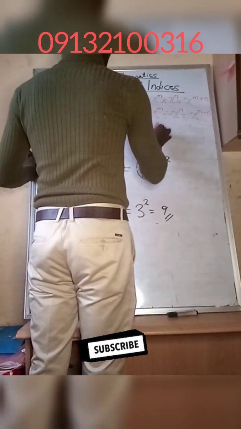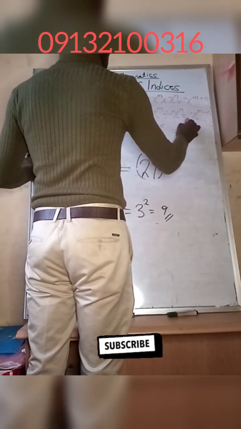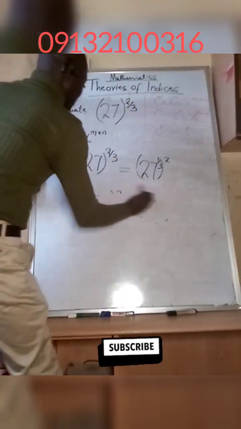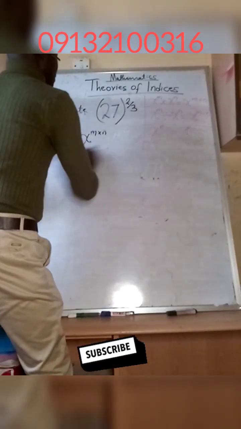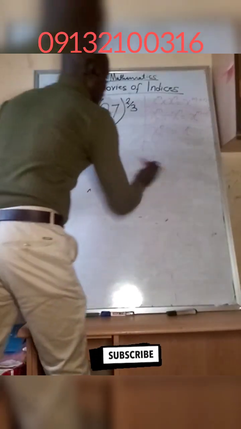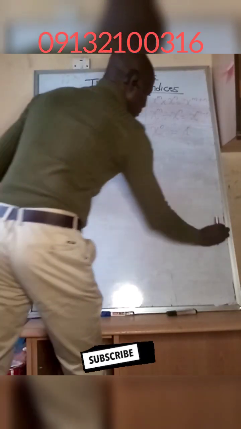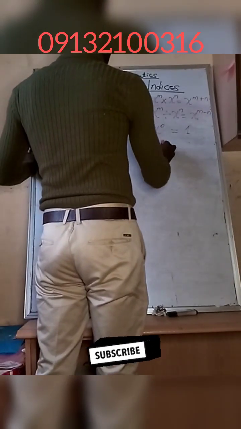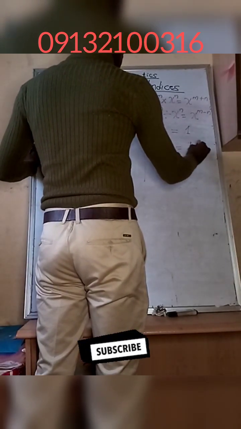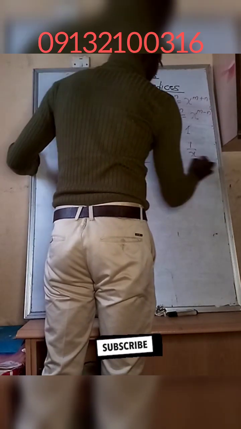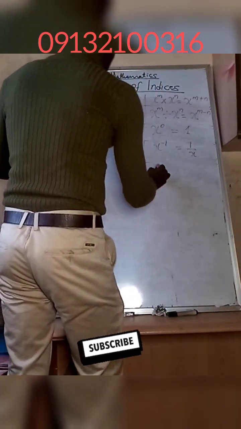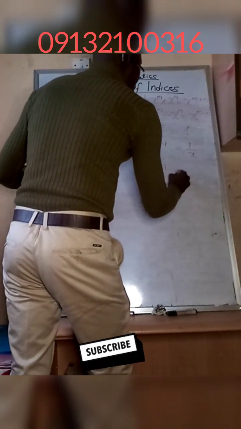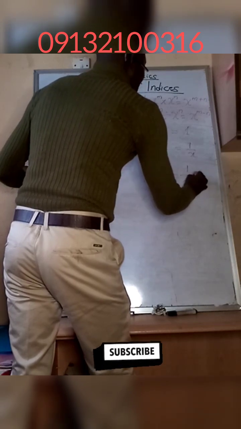Another one, x raised to power 0 is equal to 1. The next one, x raised to power negative 1 is equal to 1 over x. The next one, x raised to power negative n is equal to 1 over x raised to power n.